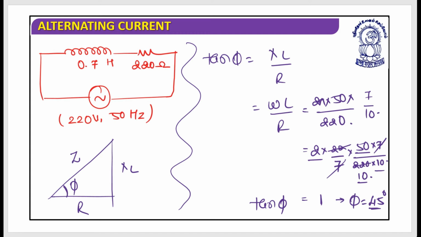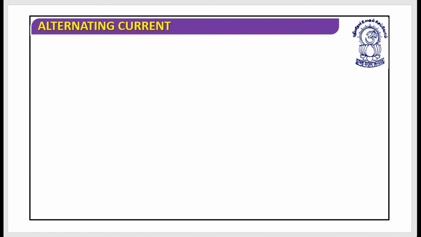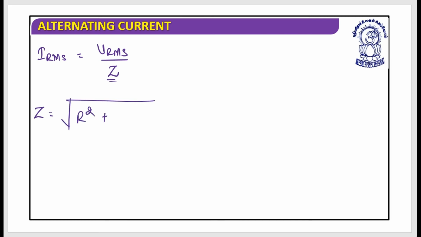Is it clear? Now to find out the IRMS cos phi or IRMS sin phi, I need to calculate the I, or I should say IRMS. This is equal to VRMS by Z. So to get the value of Z, I should write the root of R square plus XL square. So let's calculate it.